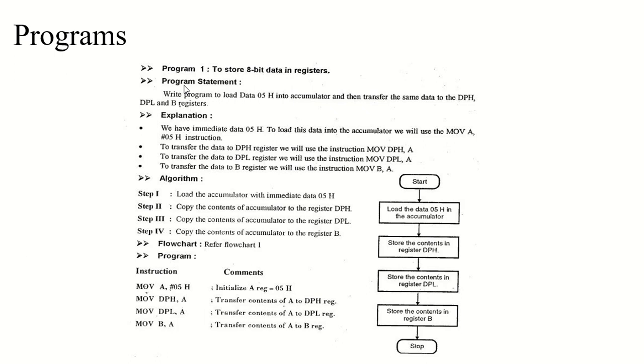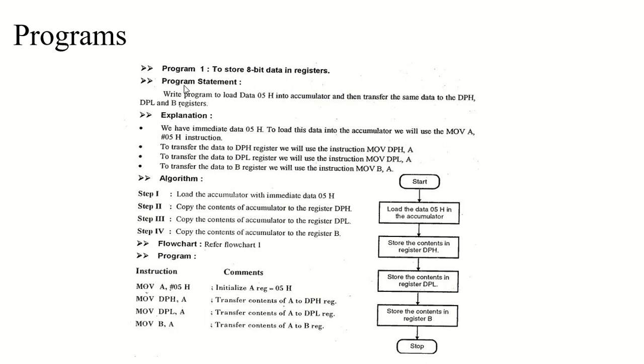Now tell me, if I want to make an algorithm based on this instruction, what would be the steps of this algorithm? The first step would be to load the accumulator with the immediate data 05H. In the second step, I will copy the content of the accumulator to register DPH.